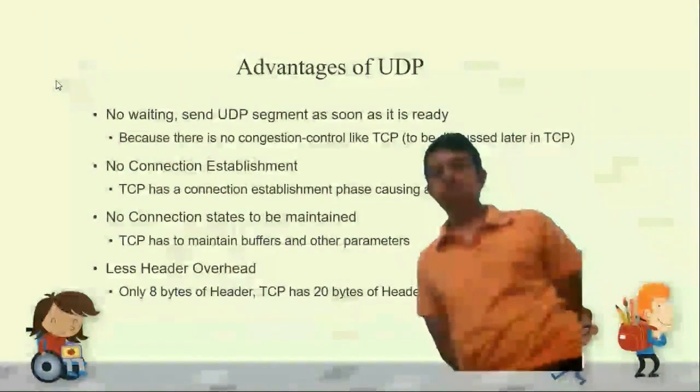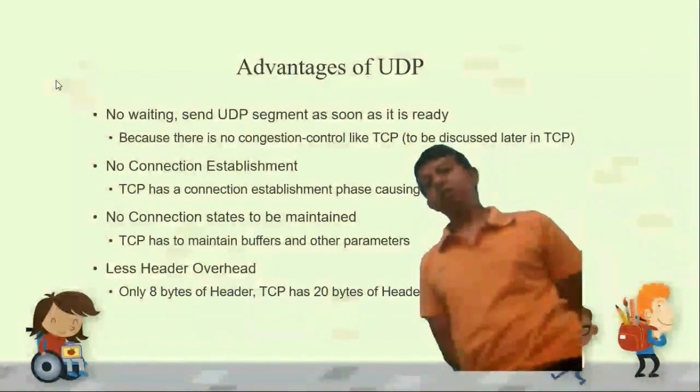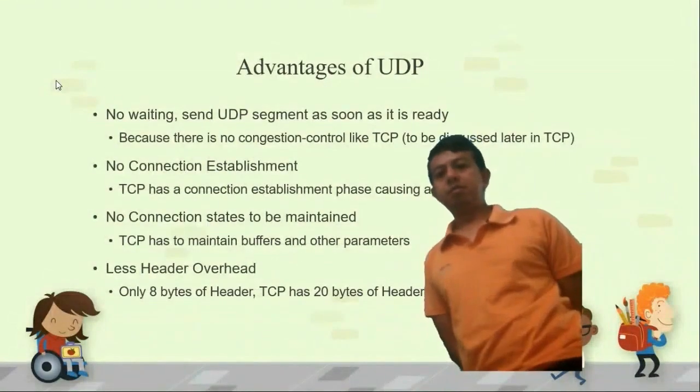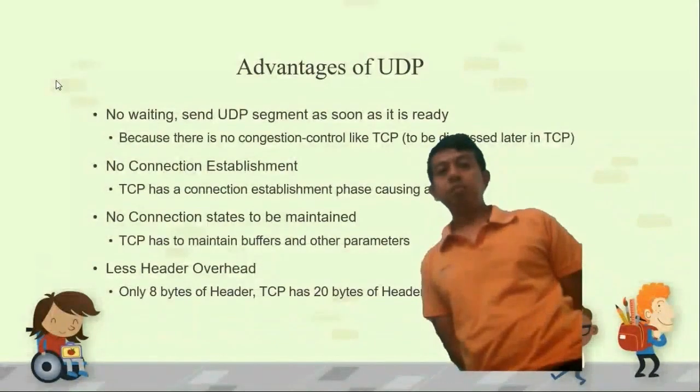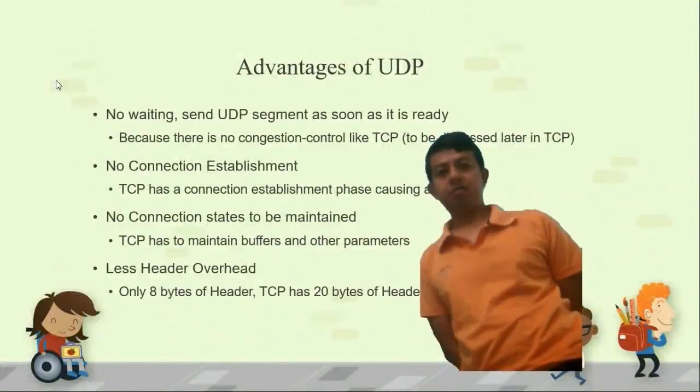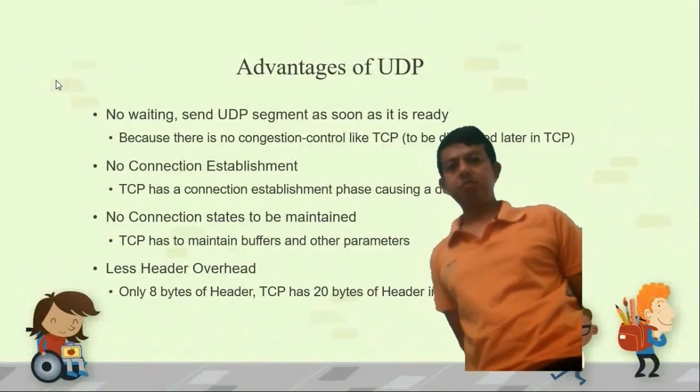This should be obvious because TCP performs a lot more tasks than UDP. That's why the number of headers in TCP would obviously be greater than in UDP. In fact, TCP has 20 bytes of header information, whereas UDP only uses 8 bytes of header information. We'll see this header information right now.